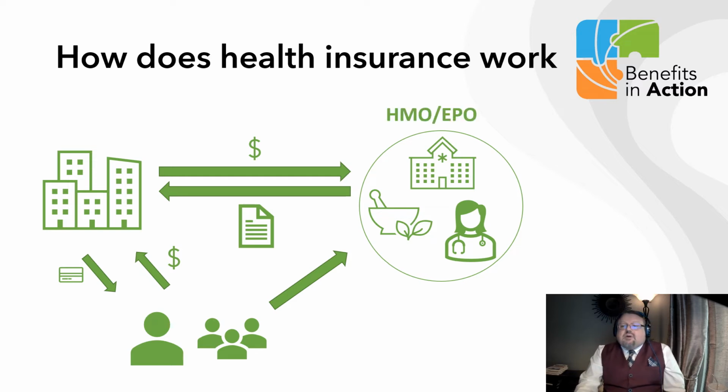This small network of providers is referred to as an HMO, or in some cases an EPO, an exclusive provider organization. It's where your options for care are limited to a small group of providers. In the case of an HMO, you might be assigned a primary care provider who acts as a gatekeeper to specialty care through the necessity of referrals or prior authorizations.